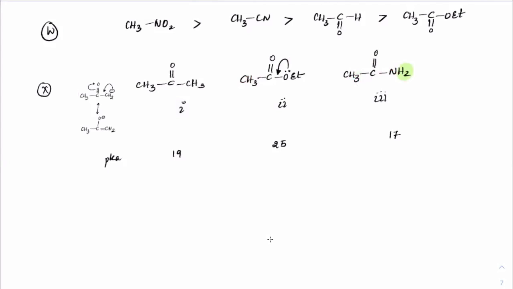So based on this, tell me which is more acidic. First, the third one, that is, amides are more acidic compared to 1 and 2. If you take CH triple bond CH and CH3 triple bond N, now if we compare this hydrogen, this is an sp3 carbon, this is an sp carbon, but this is connected to a very strong withdrawing group.